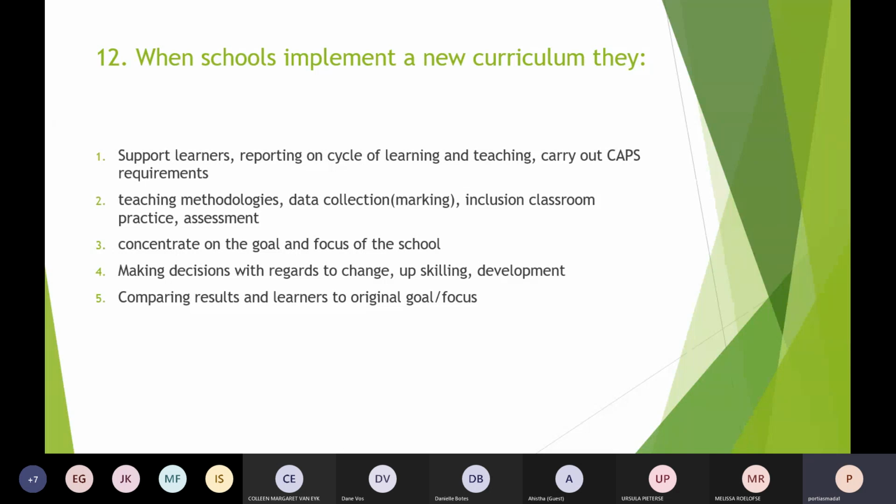Akila, what do you think? Ilse, Evelyn, what do you think? Remember, it has to do with implementation of a curriculum.